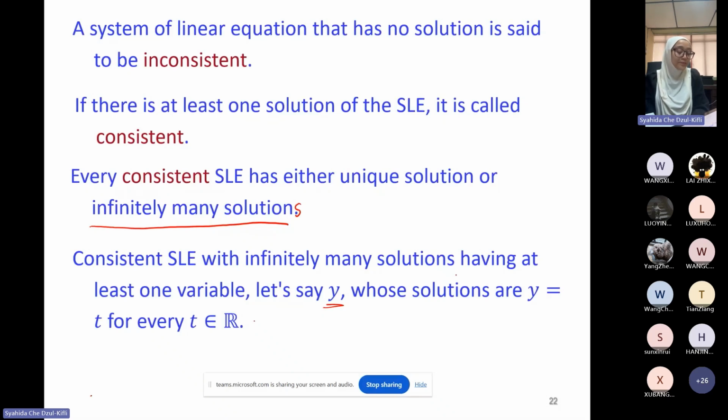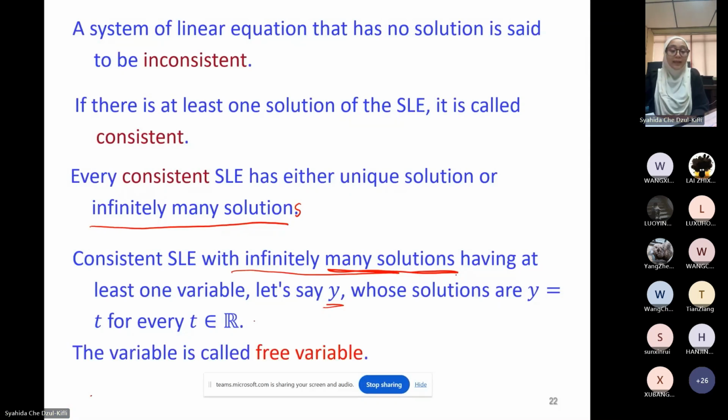So again, a consistent system of linear equations with infinitely many solutions must have at least one variable, let's say variable y, such that y is equal to t. We call t the parameter, and the variable y is a free variable. This is quite important.